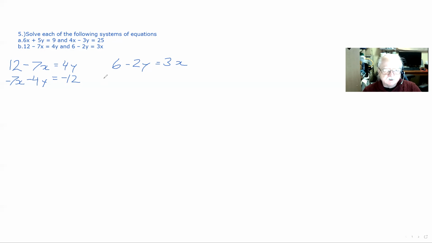So the 3x will have to leap over, become negative 3x, take away 2y equals a negative 6. So now at least we have two equations in the standard form. Let's put one under the other. Negative 3x, take away 2y equals negative 6.